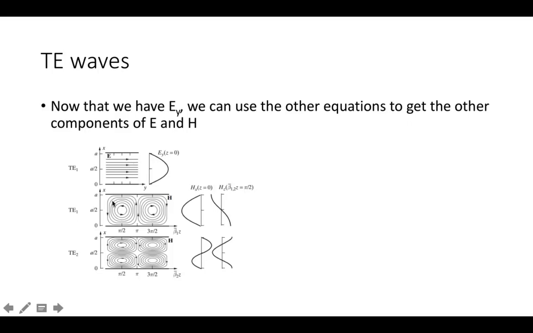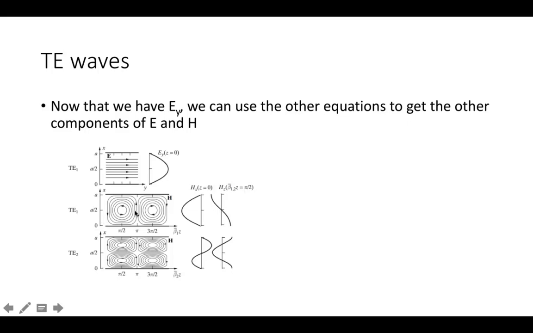Now, if we turn and look sideways at the waveguide, the horizontal axis is actually the z direction, or the direction of propagation. What we would see is the electric field lines pointing toward us. And the magnetic field lines, to obey the curl equation, are wrapping around the electric field lines.